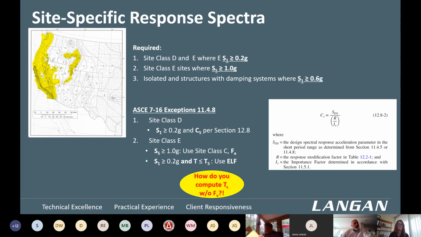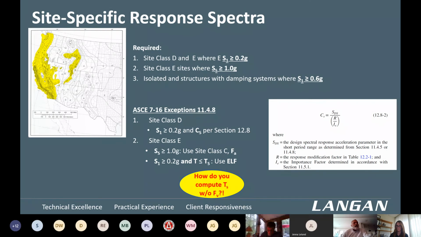site-specific is required because of the mapped values. The provision is that for site classes D and E, which is stiff and soft conditions, if your 1 second spectral values, and these are the mapped values, are greater than 0.2 times the acceleration of gravity or 20% of gravity, which is pretty much the entire United States, it's shaded here, highlighted in yellow, and you can see everywhere that we are, we have to do site specific.